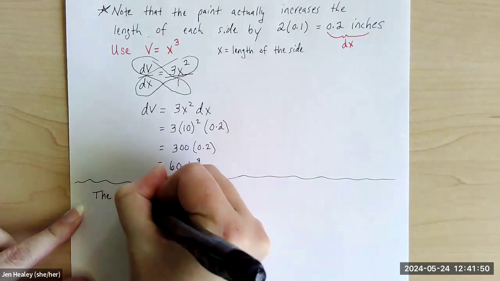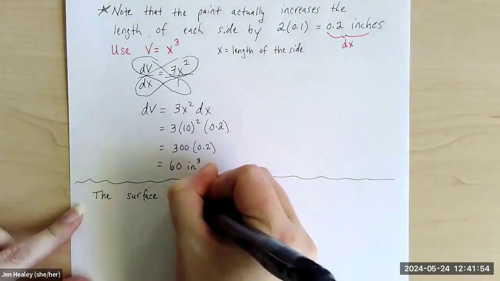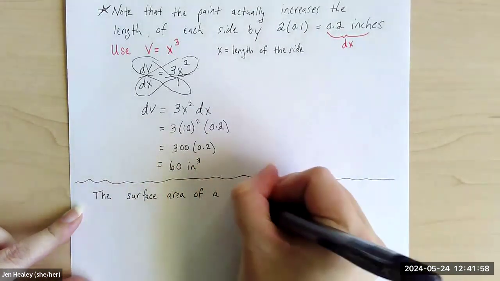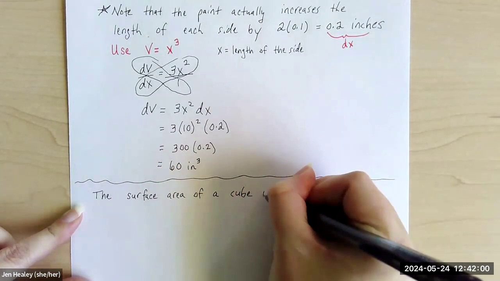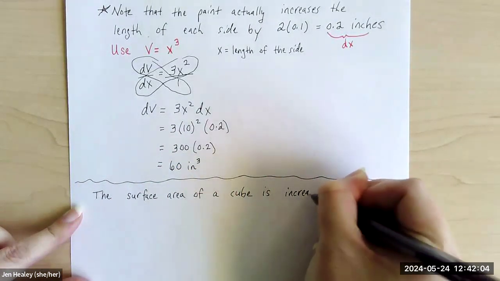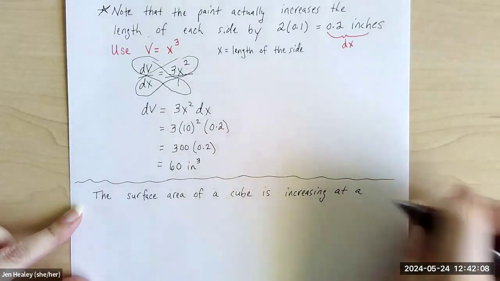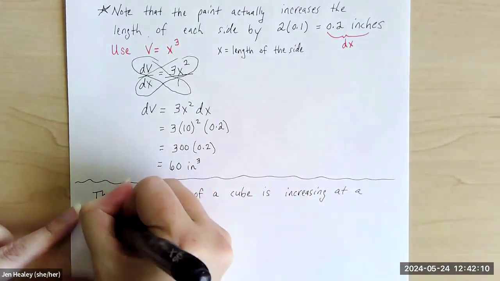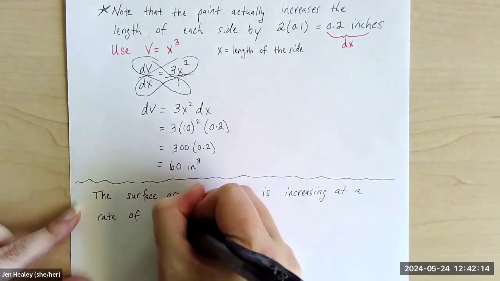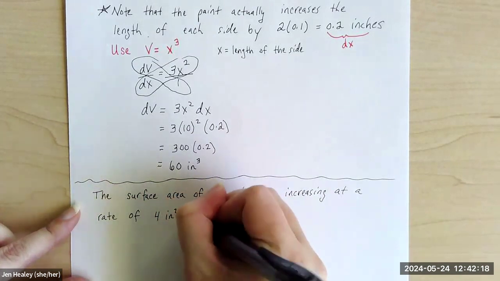The surface area of a cube is increasing at a rate of 4 square inches per hour.